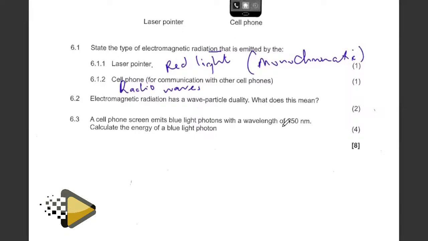And 6.2, they're telling us electromagnetic radiation has a wave particle duality. What does this mean? So it simply means that it possesses both the wave-like characteristics.